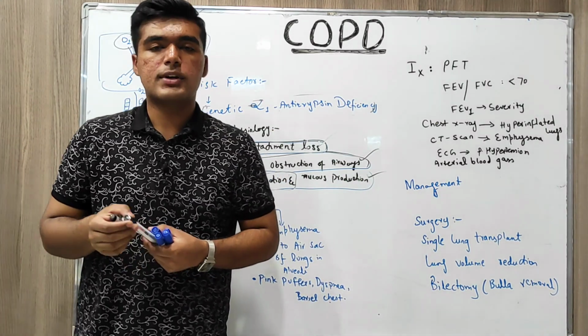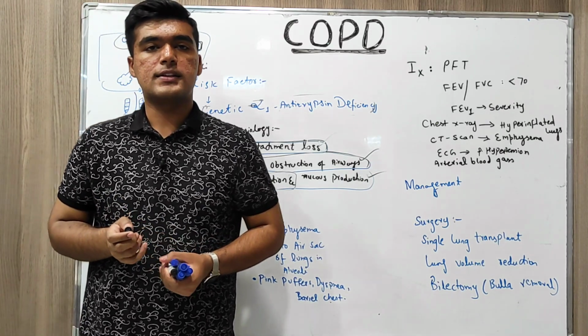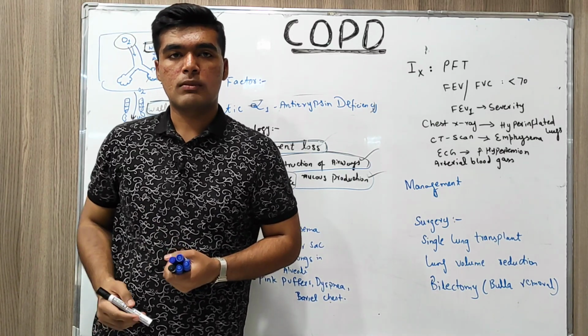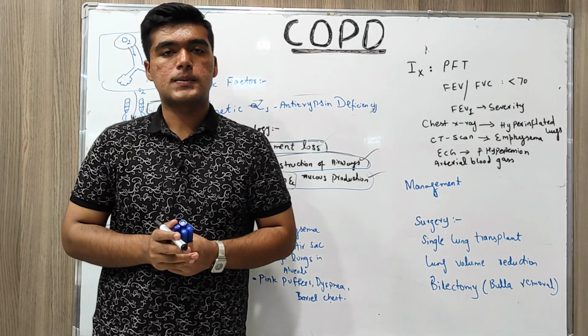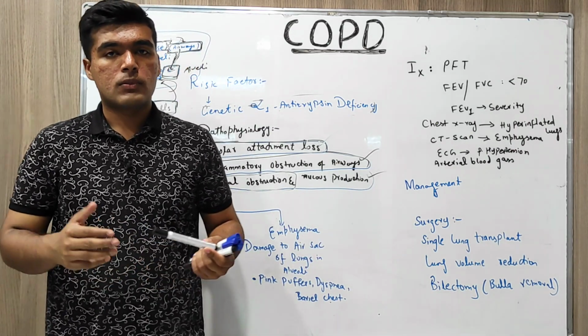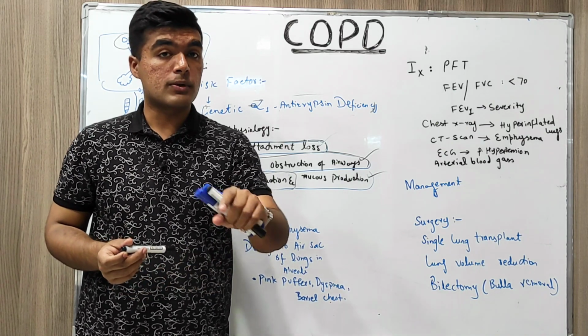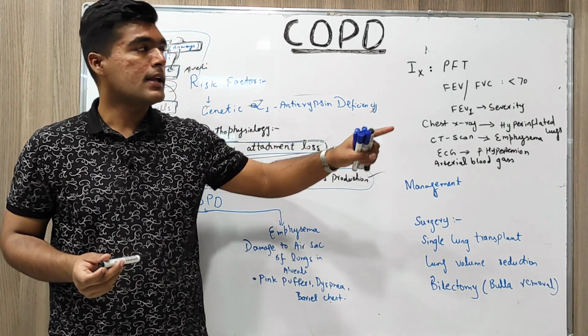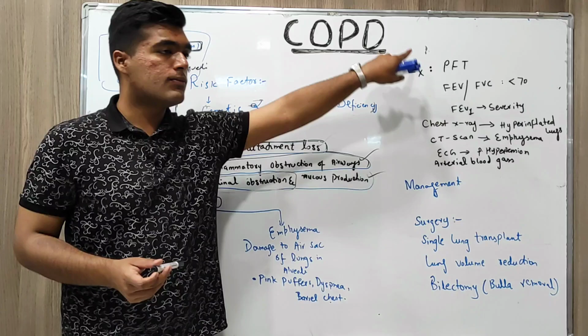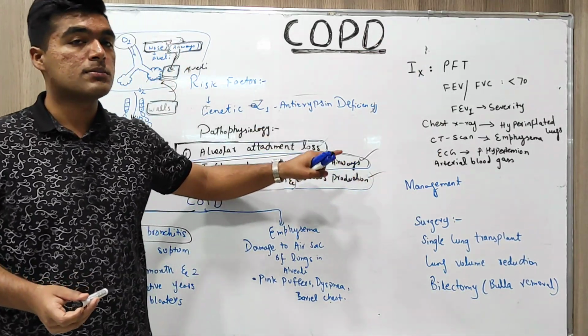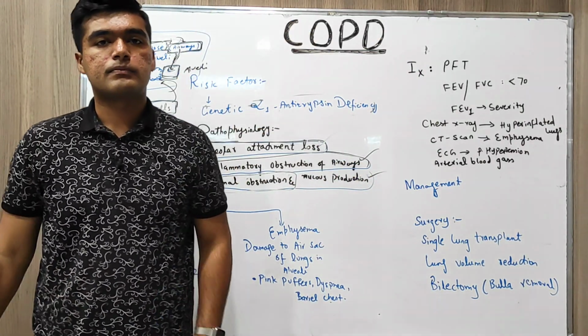From here I will take this topic to the clinical cases, because my aim in this lecture is how a clinical case of COPD is presented to us, and how we are going to pick the right option, that this clinical case presented with the following investigations, signs and symptoms is COPD.